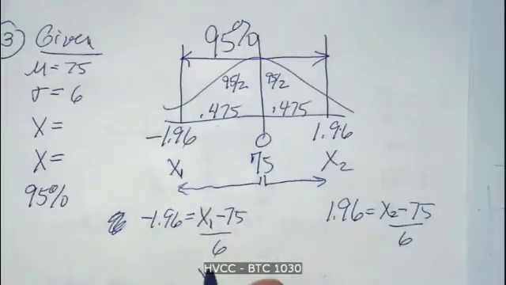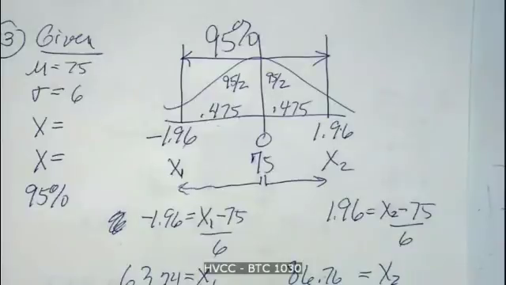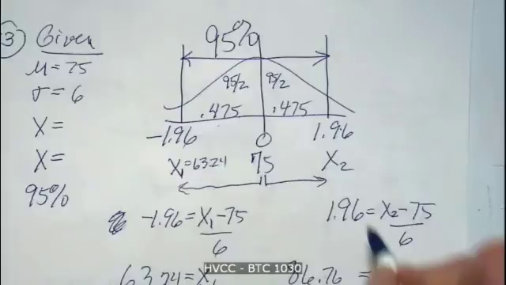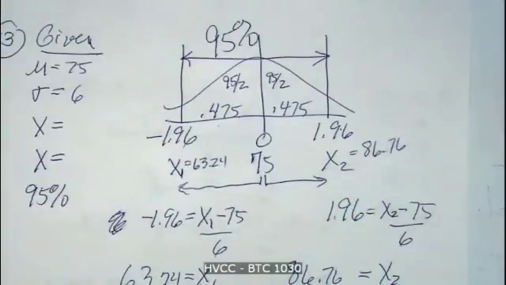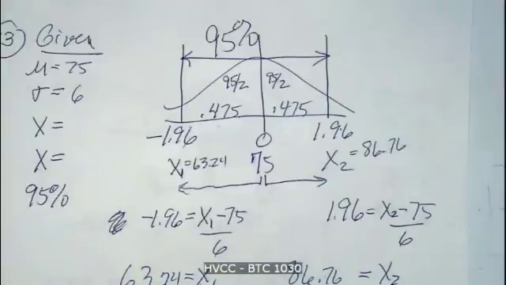We do the algebra, and X1 is 63.24, and X2 is 86.76. So exactly 63.24 and 86.76. 63 seconds to 86, 87 seconds. 95% of my employees can assemble parts.